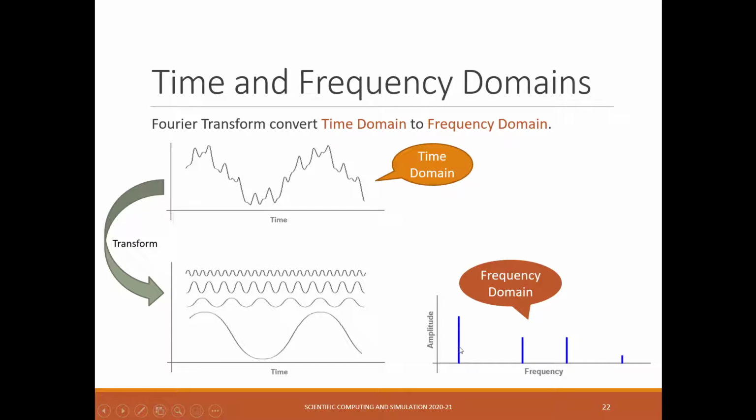For example, the first bar represents the frequency and amplitude of this pure wave. The second bar here shows the corresponding parameters of the next pure wave, and so on. So as we can see, the Fourier transform converts something very complicated in the time domain to a very simple representation in the frequency domain.